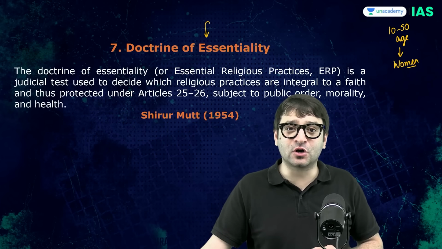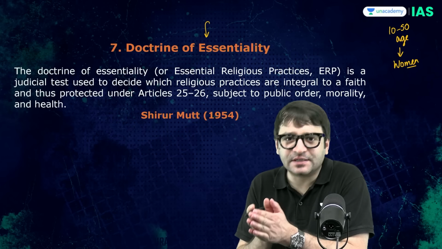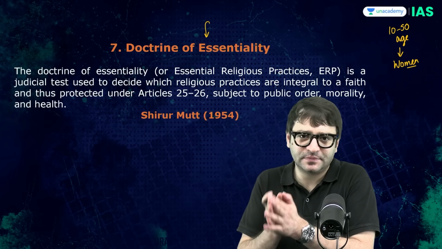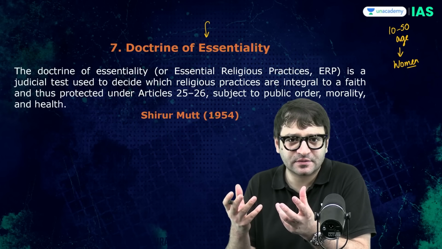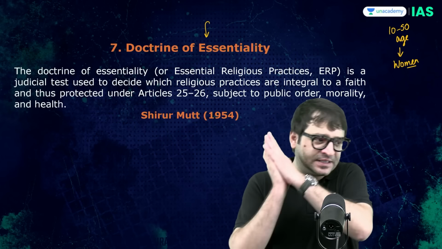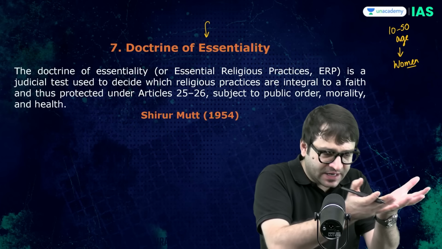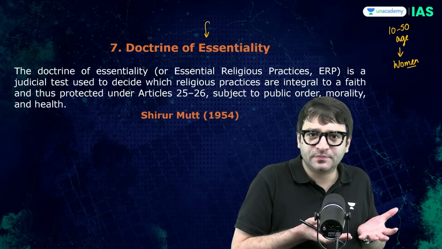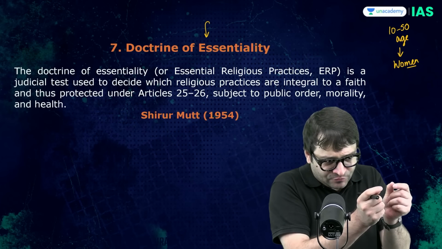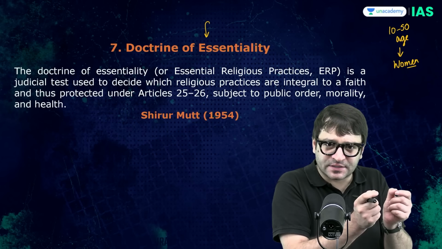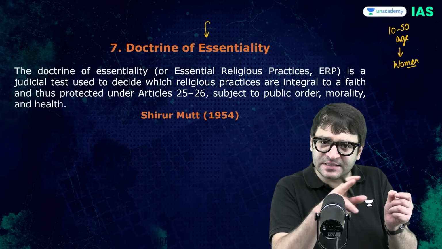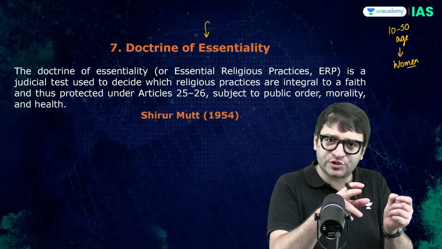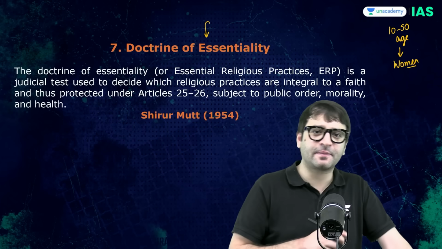I told you, what is a doctrine? A precedent, a principle, a set of rules, often developed through judicial decisions. And these set of rules are then applied on a case when a case is heard by the court. So, any case involving religious matters, this doctrine will be applied so that there is consistency in the way the judiciary gives its verdict.